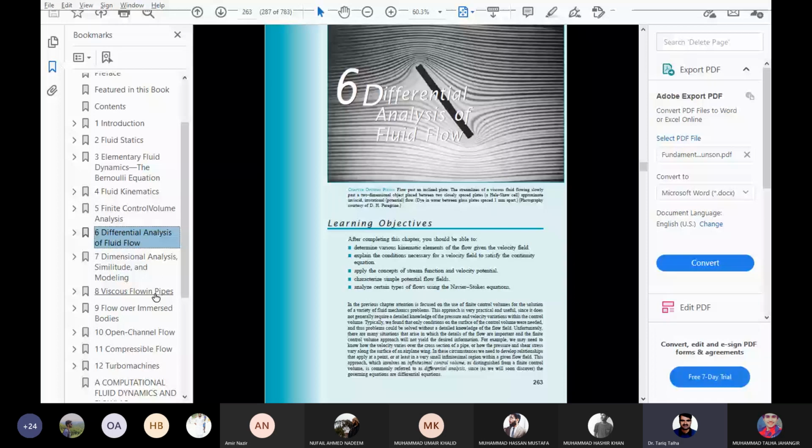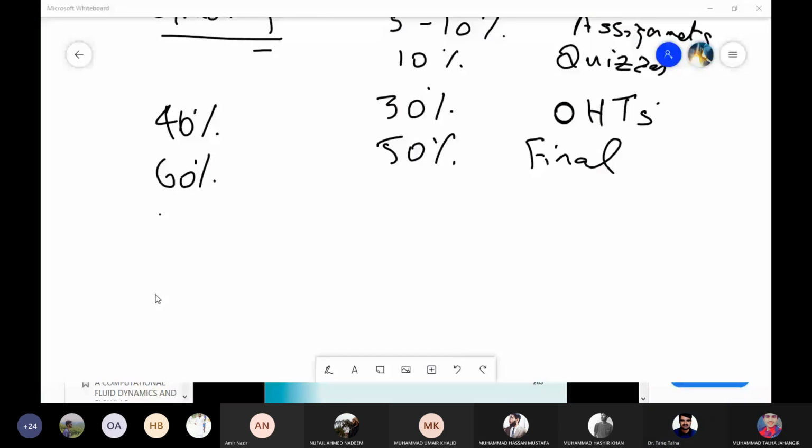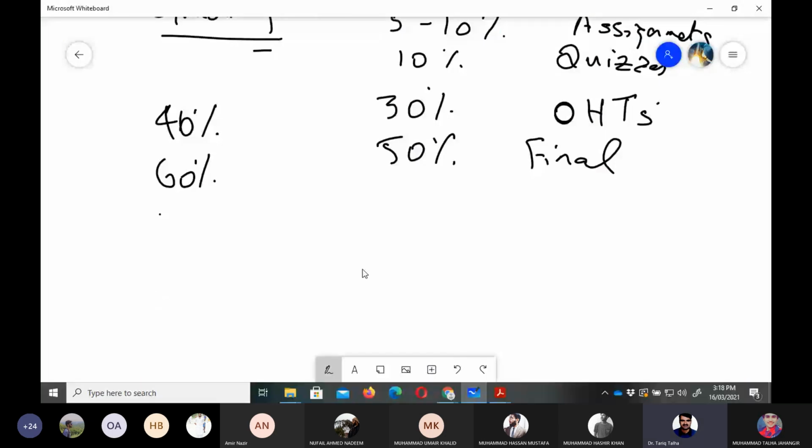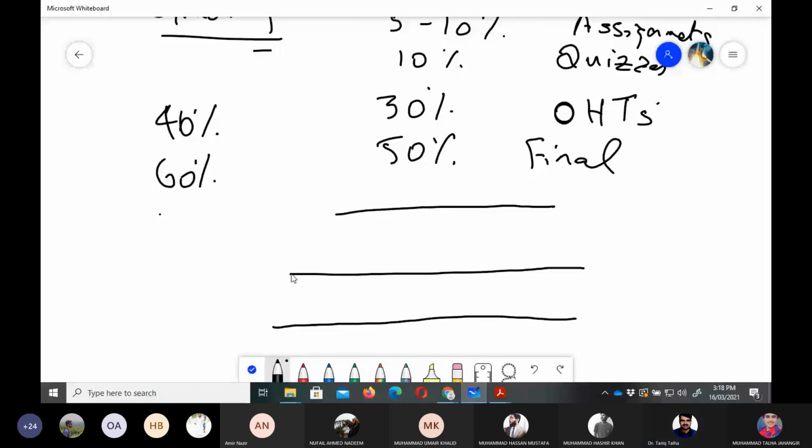So we know that if the flow is bounded, there would be some kind of resistance. When we have internal flows, like a pipe flow, there would be a drag force, or resistance force, applied by the surface on the moving fluid.